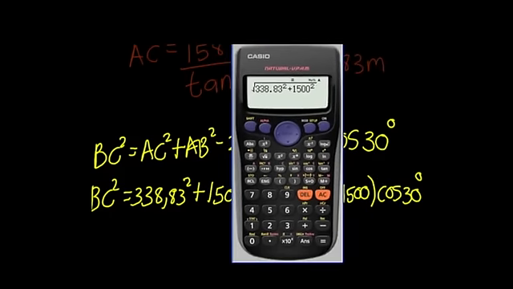Take away, or minus, 2 times 338.83 multiplied by the 1,500 cos of angle 30. 1,218.4.